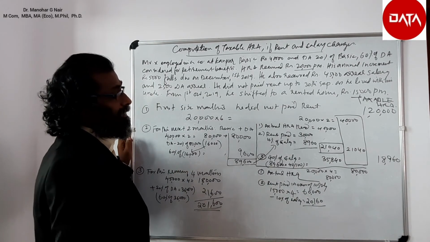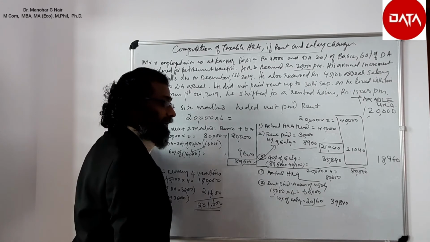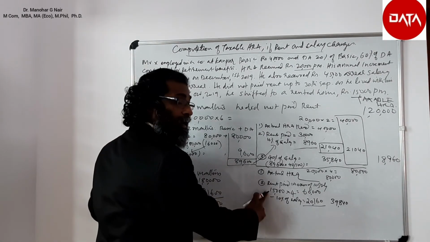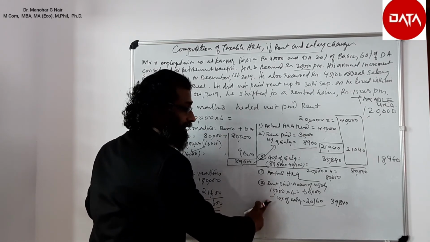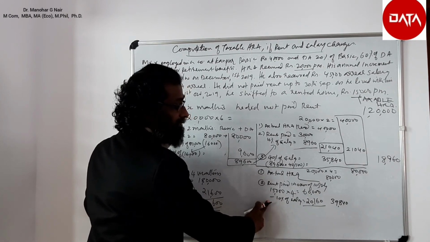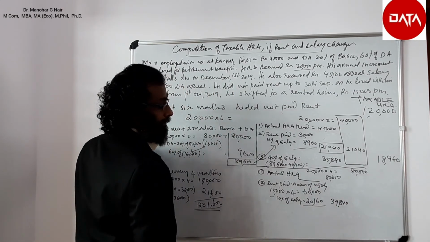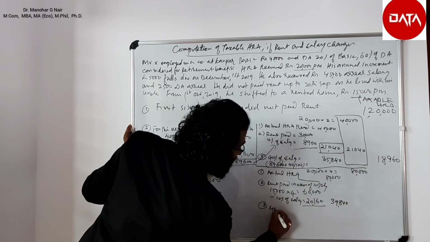So rent paid in excess of 10% of salary is equal to 39,840. Rent paid is 60,000, 10% of salary is 20,160, so the excess is 39,840. Then the third point is 40% of salary.